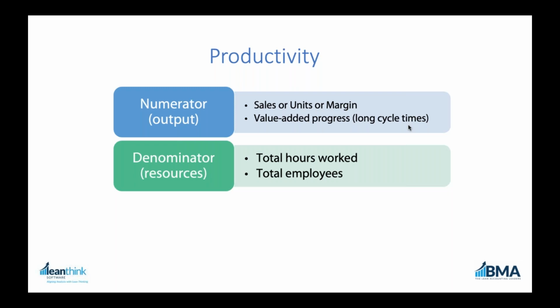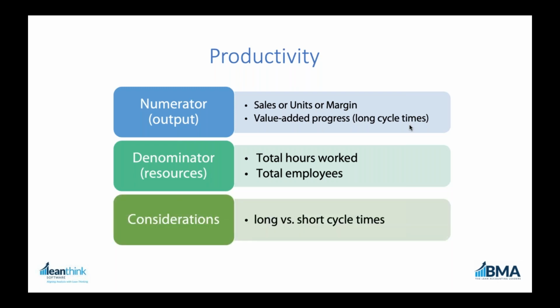Again, when you're looking at the measure, remember they need to be smart, and remember the S. They need to be simple and easy to calculate and self-report. Considerations, it's about the cycle time of producing a product or delivering a service in your business. It's really a factor of the numerator more than the denominator.